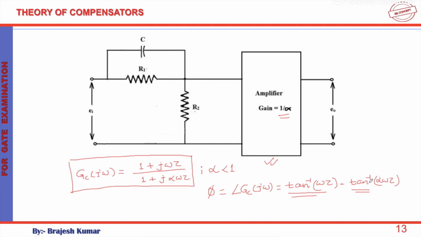And since alpha is less than 1, a constant we have already assumed, the argument of this second inverse tangent will be lesser than the argument of the first inverse tangent term. That is why this term will be greater than this one, and overall phi will become positive, and hence we can say that this is also a lead network.